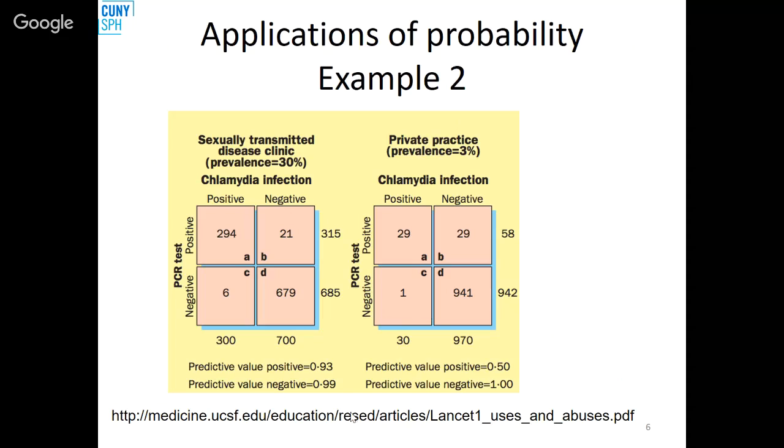So if going into the test, there's a very small probability that a patient truly has the infection, then coming out of the test, it's going to be raised some, but not as high as if they had had a higher prior probability going into the test.